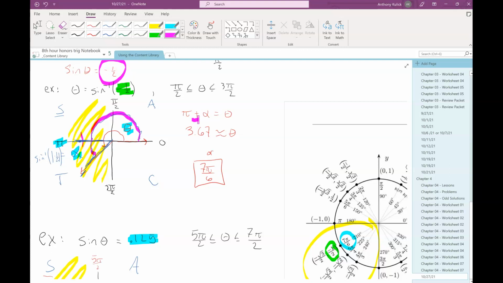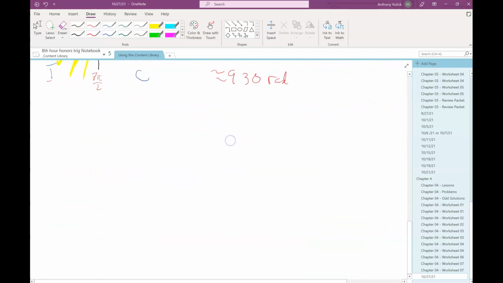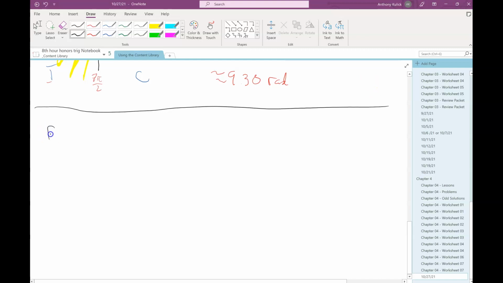How is this going to change if I'm using cosine or tangent? Well, it'll change a little bit. For one, the domain of cosine is different. I'm sorry, the domain is the same, but the range is different. And for tangent, both the domain and range are different.